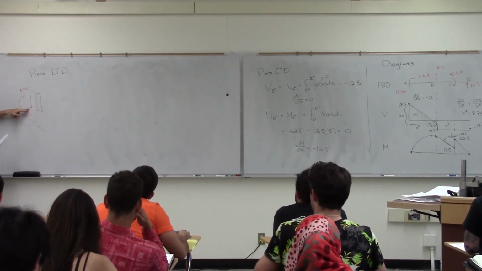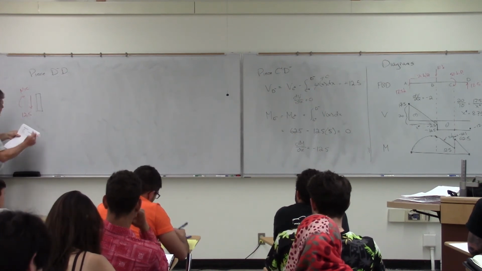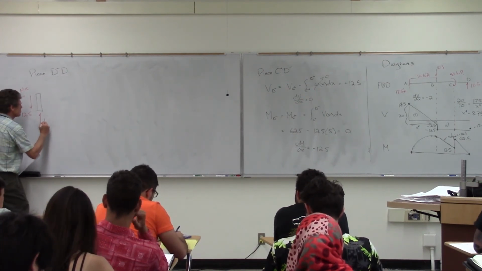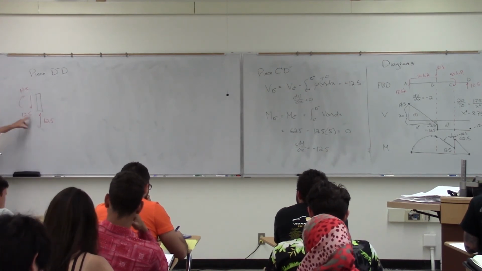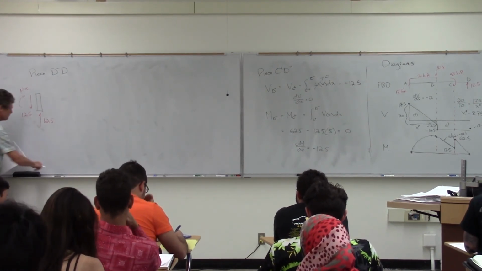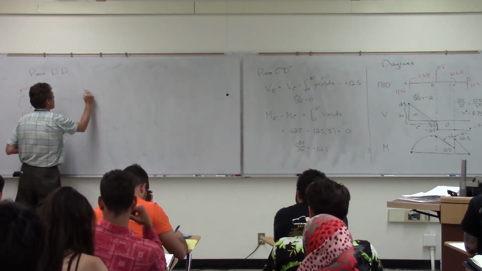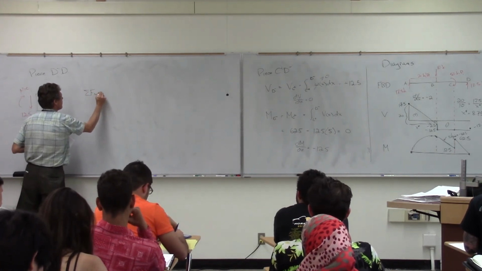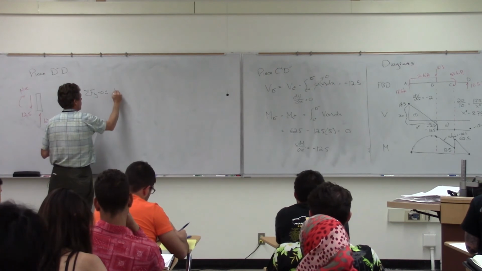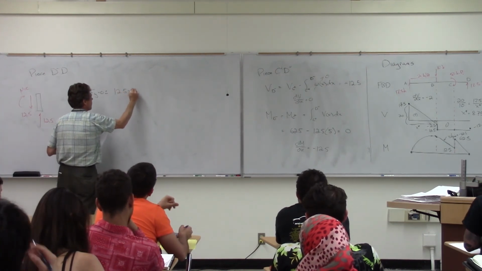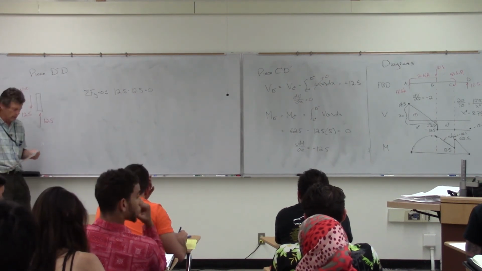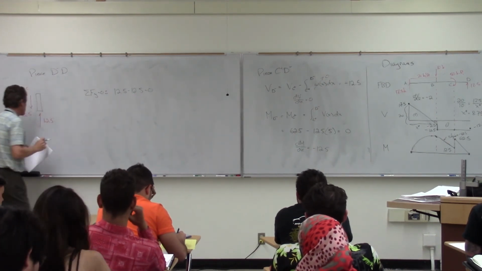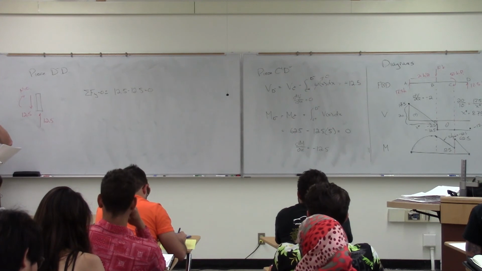So I'm reversing the sign on that. And what we think is going on at the very end here is going to be this concentrated force of 12.5 acting up. Well, when we think about vertical equilibrium, it's in equilibrium. And then my moment is equal to 0 anyway.